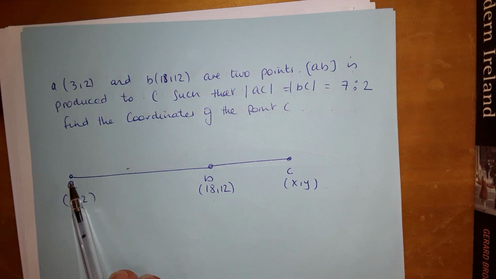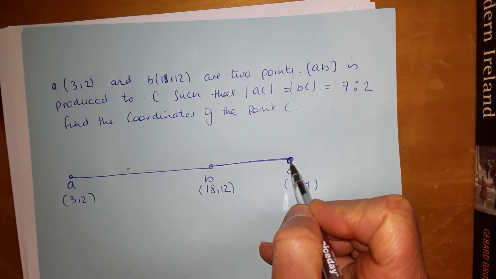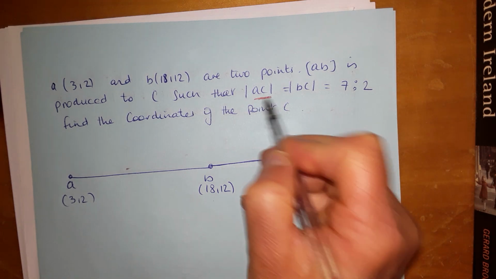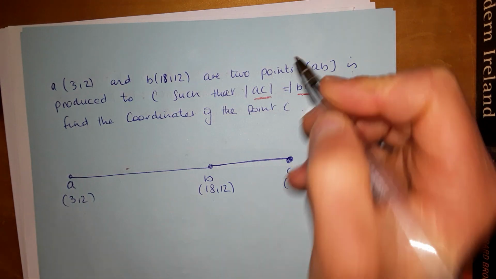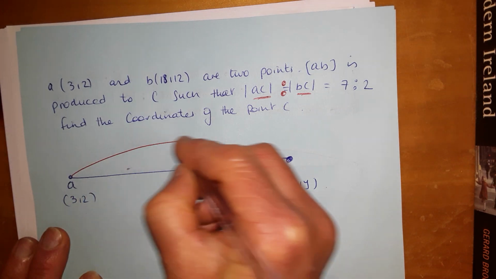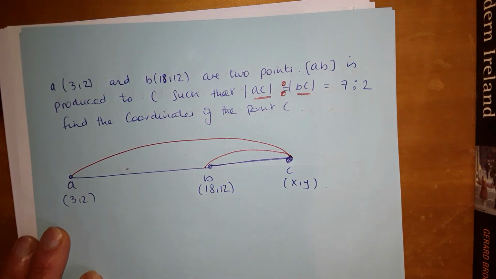There are 2 points on the line segment AB, and AB is produced to C, there it is, such that AC is to BC in the ratio 7 is to 2.